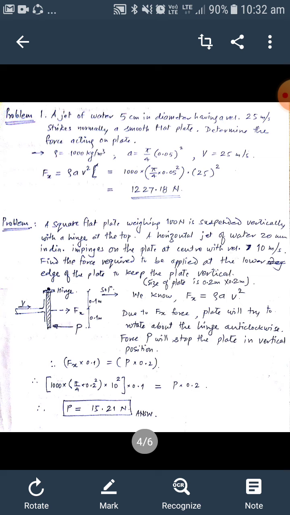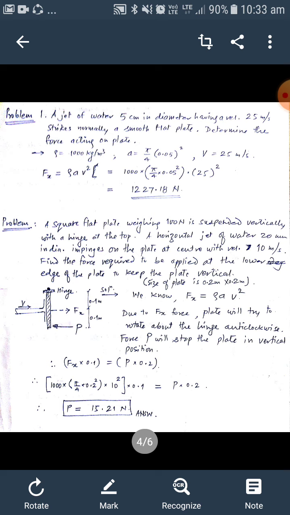Now suppose we take another problem where the plate is not fixed but it is hinged. I'll read the question first. A square flat plate weighing 100 Newton is suspended vertically with a hinge at the top.